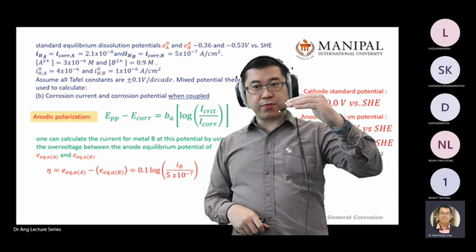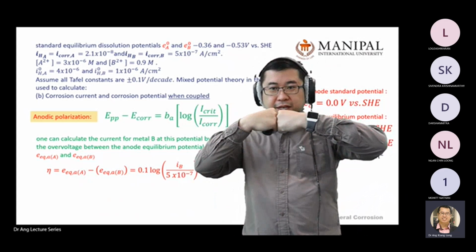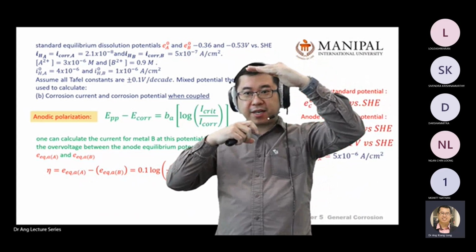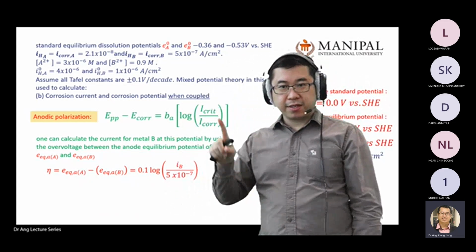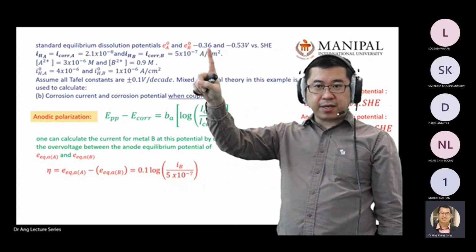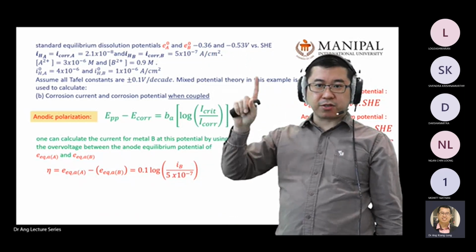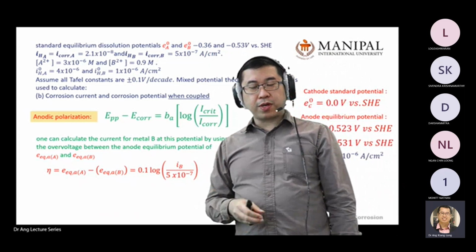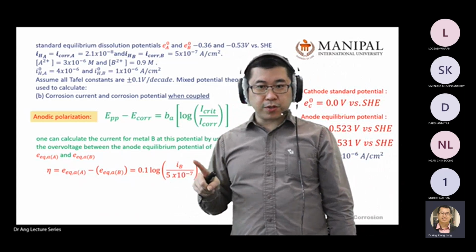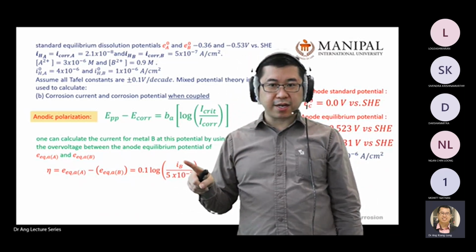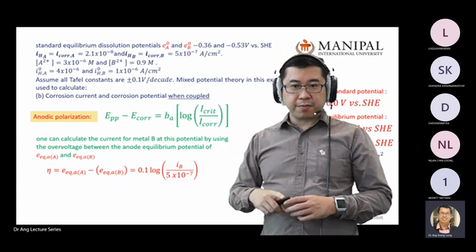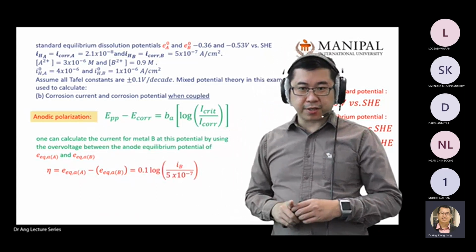Because in the beginning we already know when A and B meet together, which one is higher? A higher, B lower, right? A higher than B, right? So B corrodes. So the corroding one will become the anode. So you use the current density for B over here because you're looking at anode polarization.